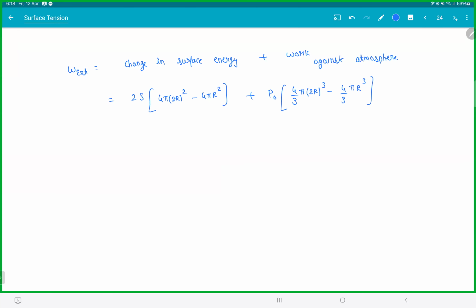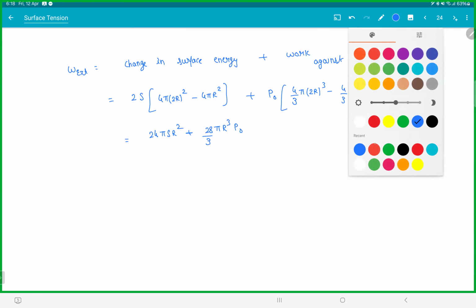Most people forget the atmosphere because when the bubble is expanding, the atmosphere is also compressing. So this would be 8 times 4 minus 1, 3, that is 24 pi S r square, plus 28 by 3 pi r cube P naught. Easy.